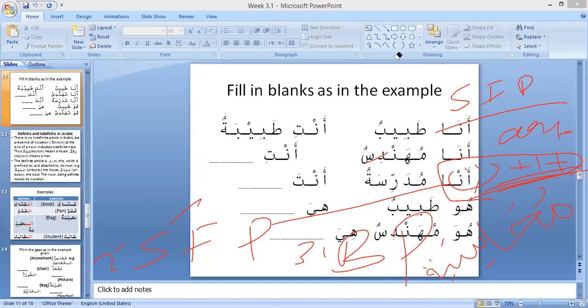Khabbaza. Khabbaza is a female baker. What is the dual of khabbaza? Khabbazatan. That's right. What is the plural? Khabbazat. That's right.